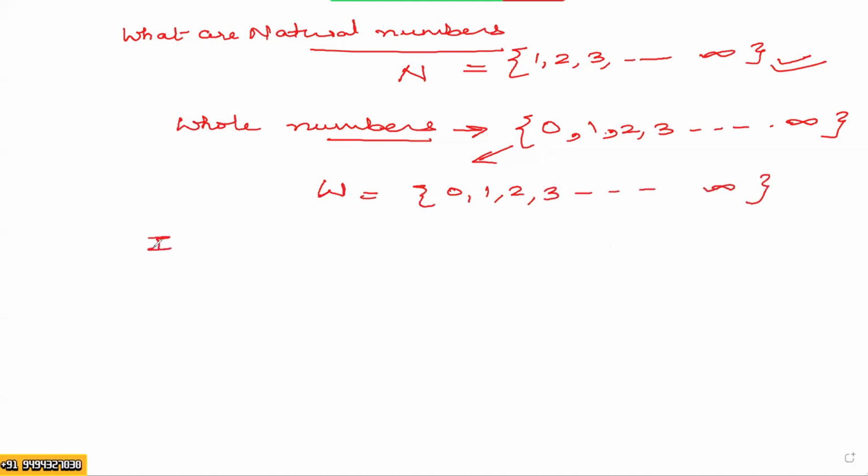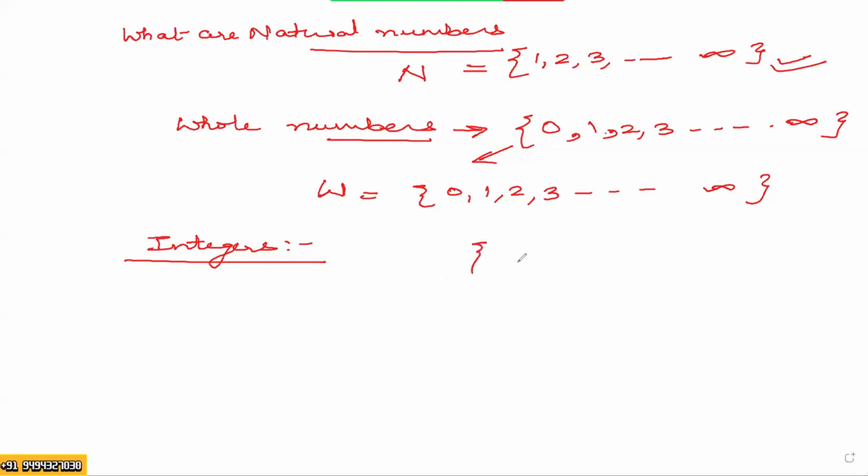And what about integers? Will it include only negative numbers or positive? It will include all negative and all positive numbers, and also zero.